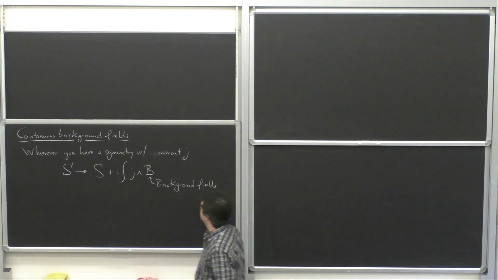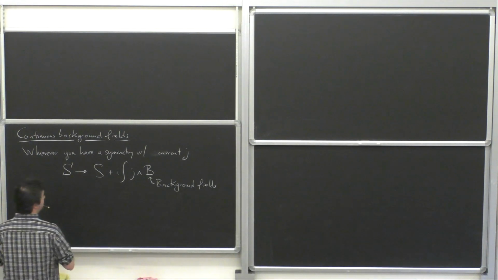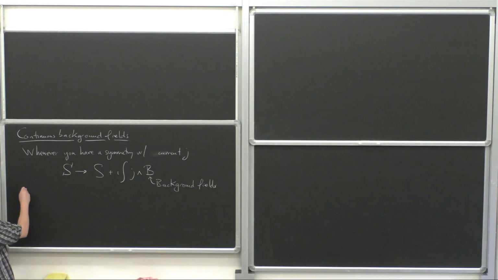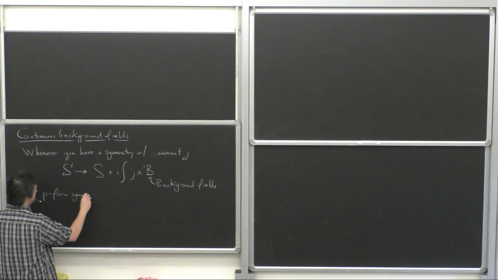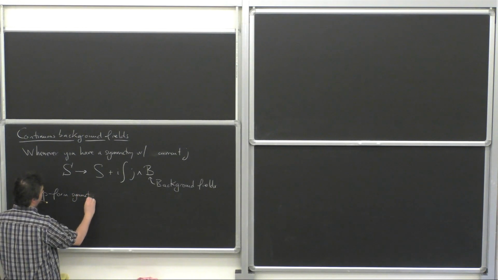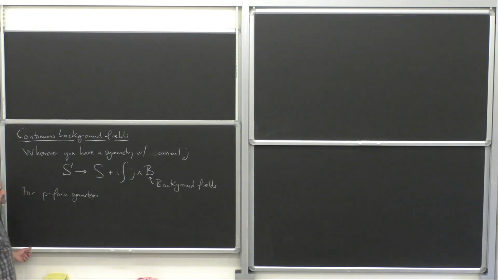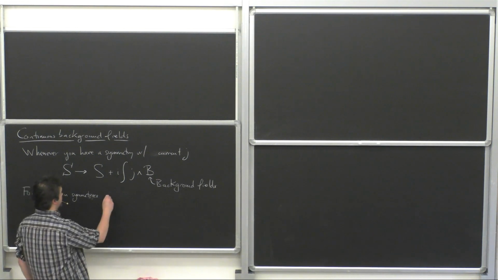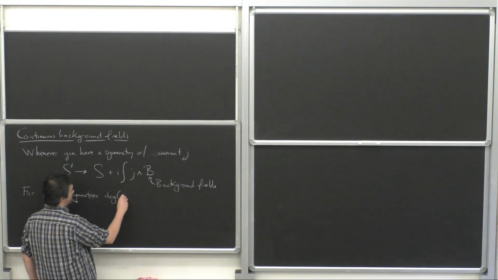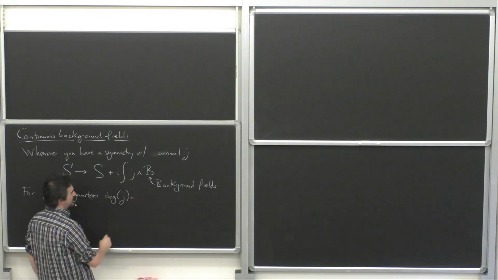All right, so let's do a bit of dimensional counting first, situate ourselves. So for p-form symmetries, remember that our symmetry generator was the integral of J. So we can work out the degree of J from the dimension of the symmetry generator, and this was d minus p minus 1.